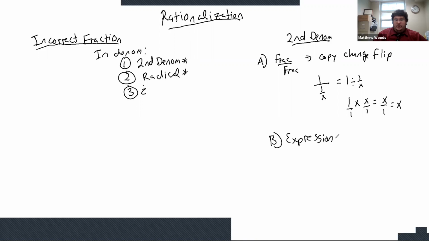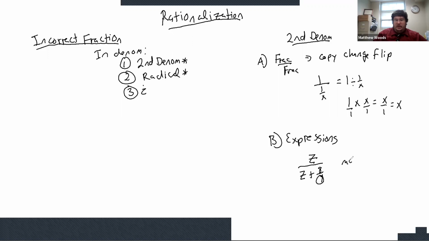The other way you have expressions is something like this, z over z plus 8 over y. In this case, because I have an expression down here with a second denominator, I'm going to want to get rid of this y down here.